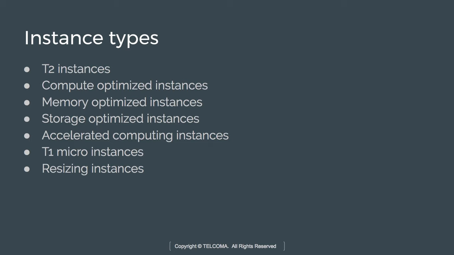Now let's discuss compute optimized instances. These are ideal for compute bound applications that benefit from high performance processors. We have batch processing workloads, media transcoding, high traffic web servers, massively multiplayer online MMO gaming servers, serving engines, high performance computing, and other compute intensive applications.